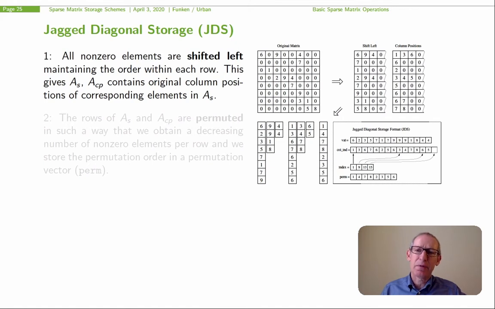The next step, which is additional to the method before, we calculate some permutation such that first we have the longest rows first, and then we have this row and this row.